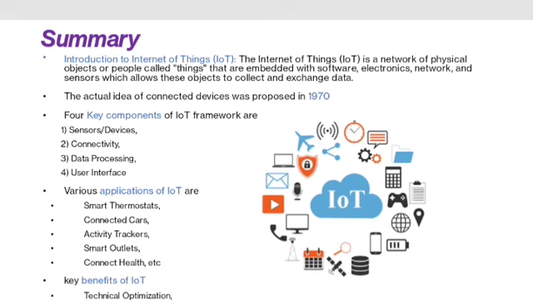The key components of the IoT framework are a combination of components like sensors, connectivity, data processing, and user interface. The user interface is nothing but the UI. Then the applications of IoT are, as we discussed earlier, smart toaster, connected cars, activity tracker, smart outlets, and so on.